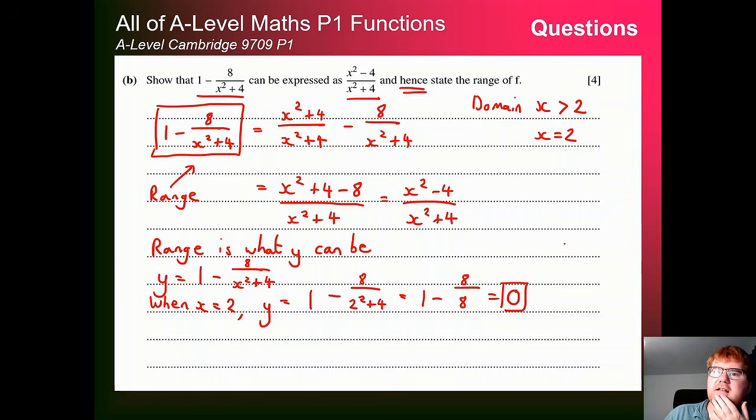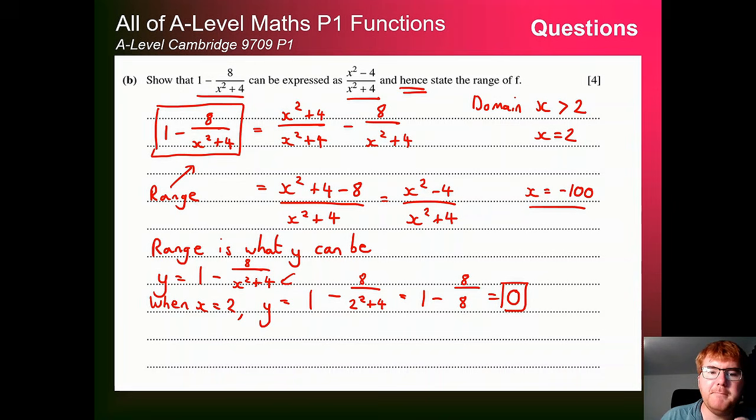And now we need to think about, okay, what happens when x is large? So say x is some very big number. So x was 100. Let's just think this through. If x is like 100, then 100 squared is going to give you a very large positive number. So essentially you're going to get a very, very big number on the bottom here.